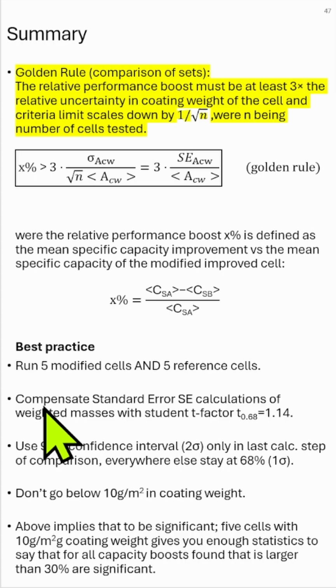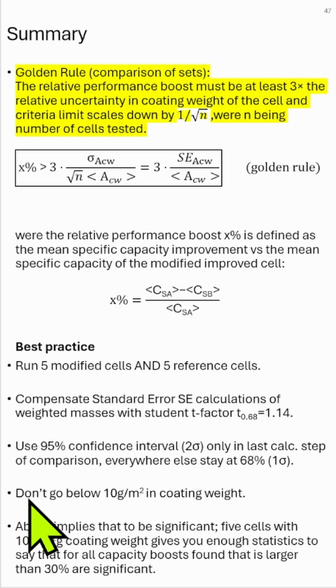When you're doing 5 cells in each set, you need to compensate the standard error in the calculations with the Student t factor. That means you multiply the calculated standard error by 1.14. And then you use the 95% confidence interval, the 2 sigma thing, only in the last step of your calculation. Otherwise, you shall stay in the 68% 1 sigma domain.